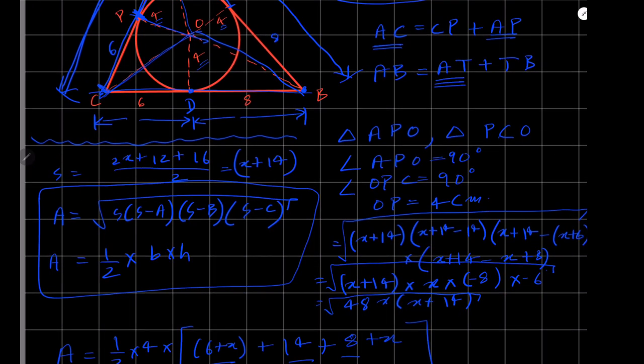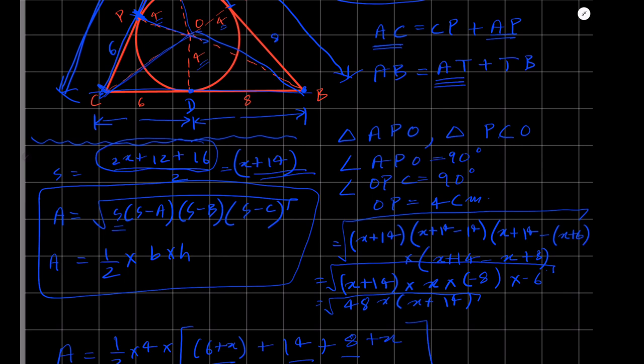So let us try to find out s first. What is s? S is all the sides of the triangle added together divided by 2. So this way we find s is equal to x plus 14.